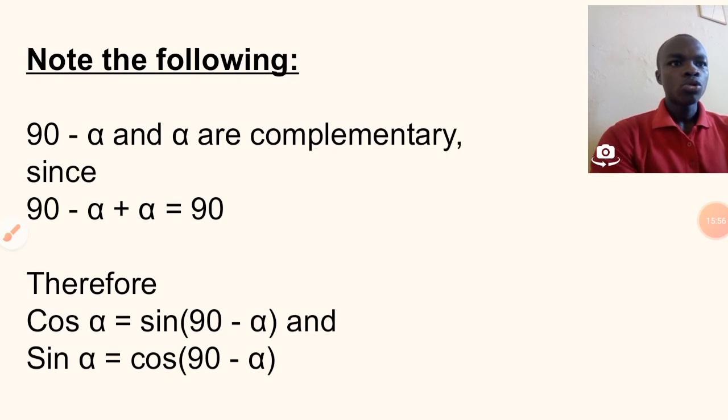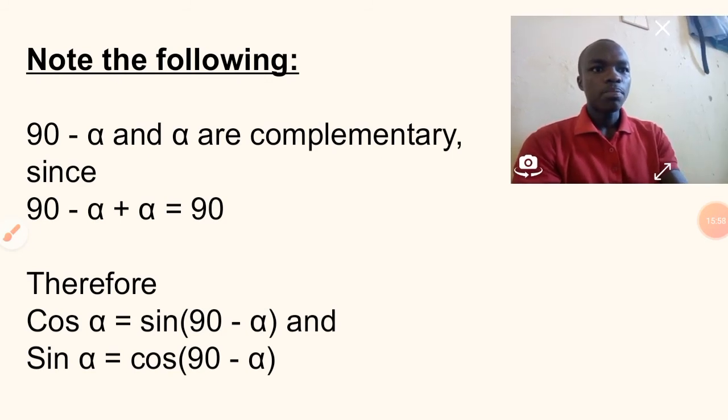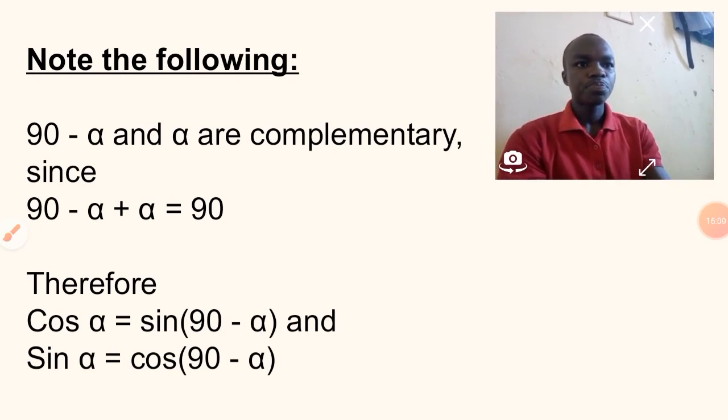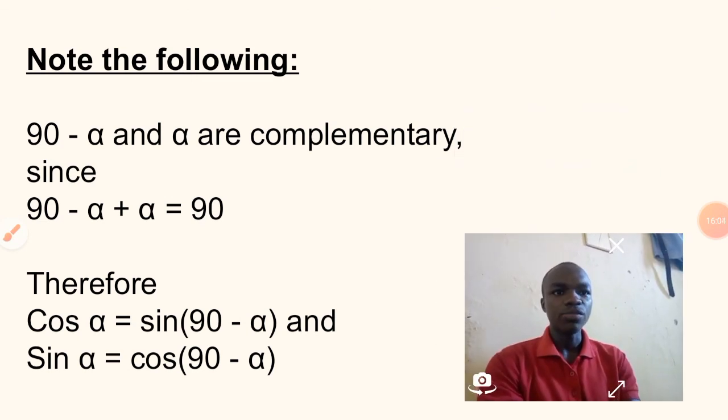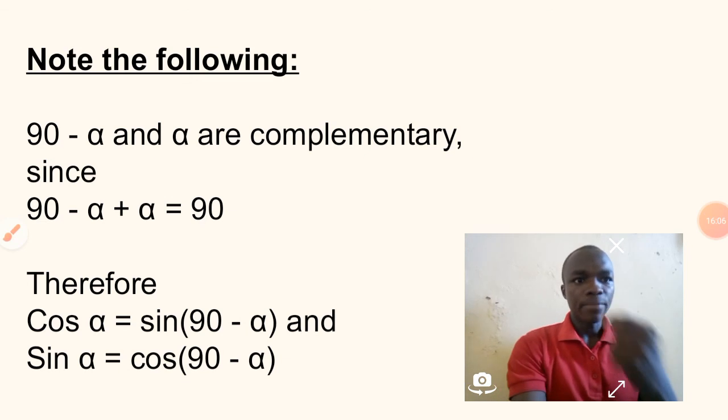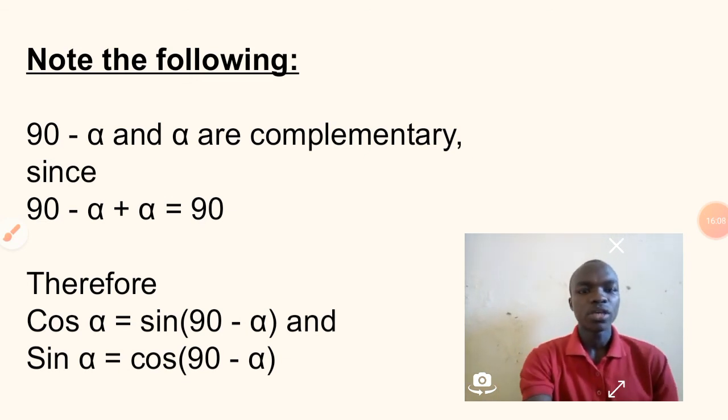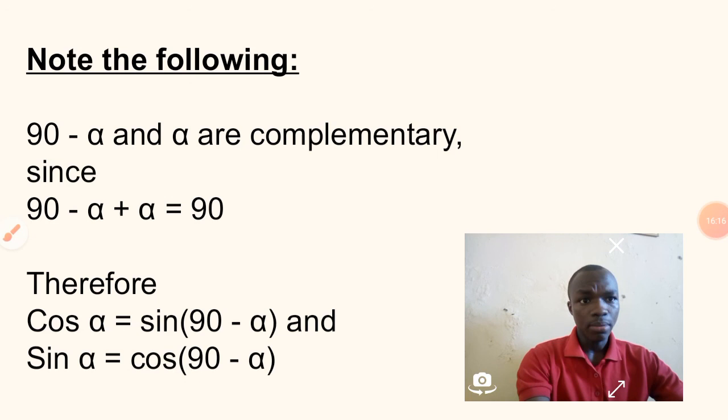Okay, so please note the following. Very important. Now I said 90 minus alpha and alpha are complementary. Remember we said complementary angles, when you sum them they will give you 90. So 90 minus alpha is an angle, and then alpha, they are complementary. Why?